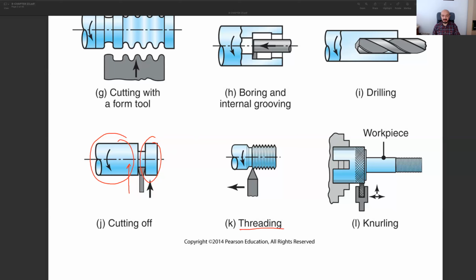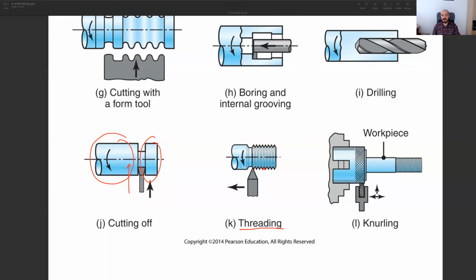Then we have threading. As the name implies, we are opening threads. So these are threads. This is one lead. The gap actually between the, let's say, teeth. And what we do, we have again a very sharp tool having a very thin edge. We move simply over this surface.